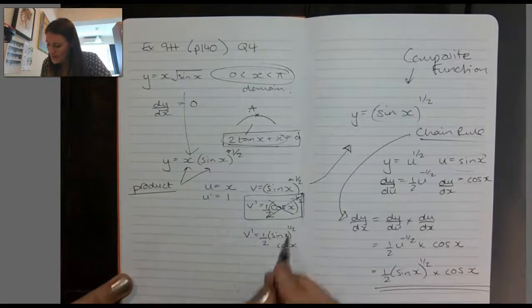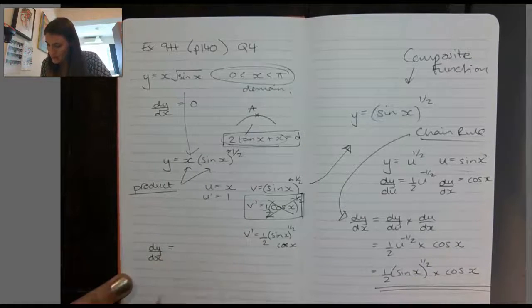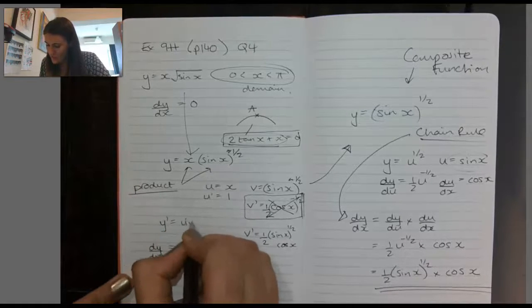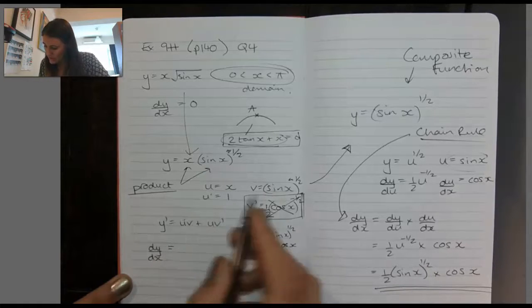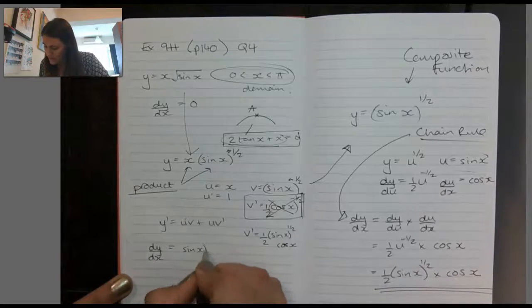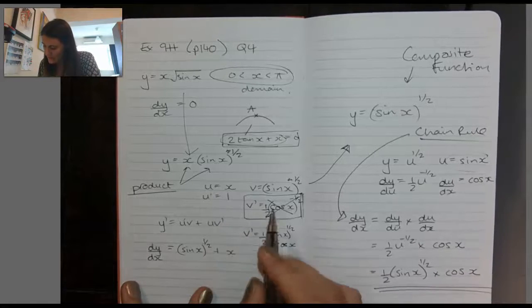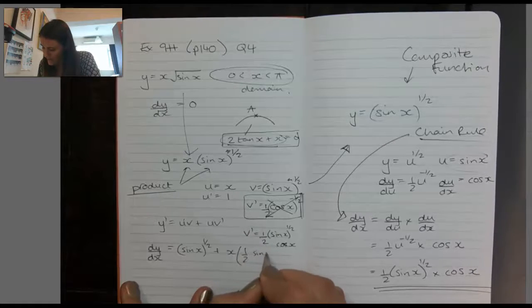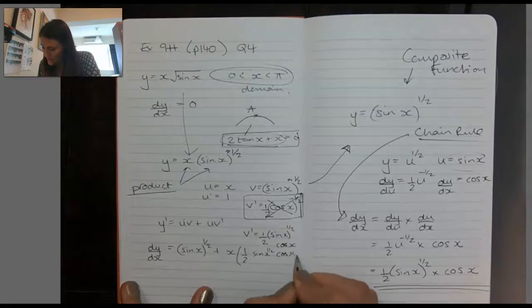Okay, now I'm going to use the product rule. So over here, dy by dx is, so product rule says y dashed is u dashed v plus uv dashed. So u dashed is 1, v is sine x to the power of half, then u is x, and v dashed is half sine x to the power of a half times cos x.